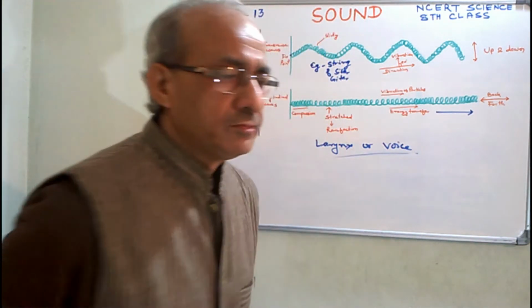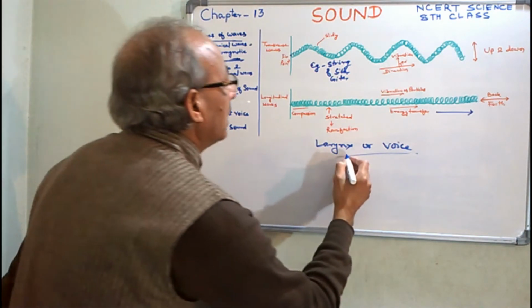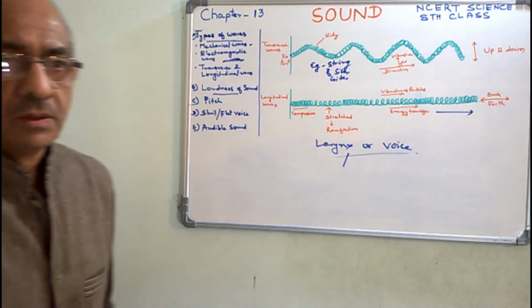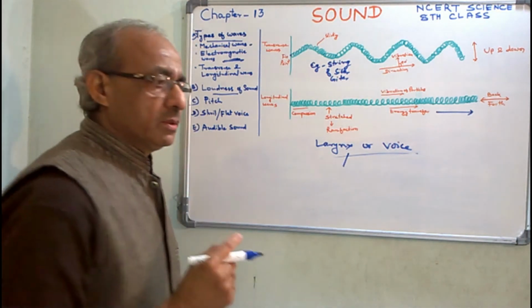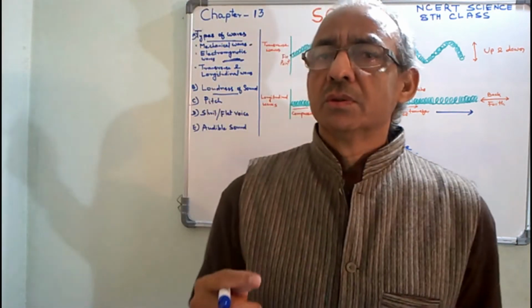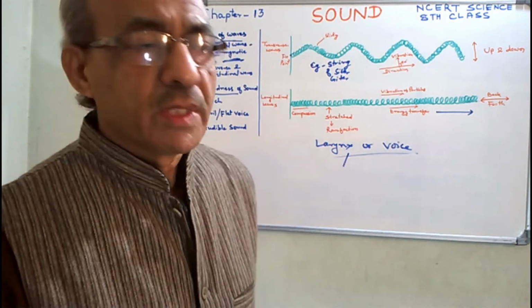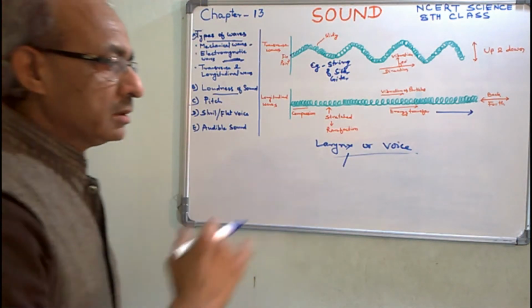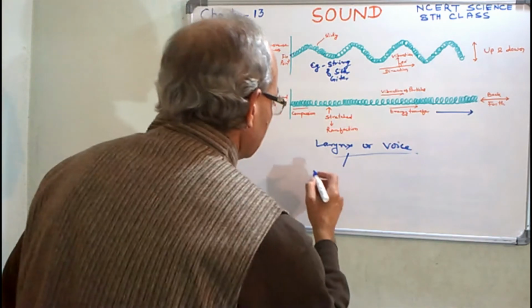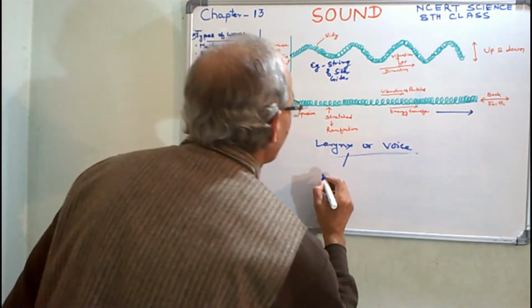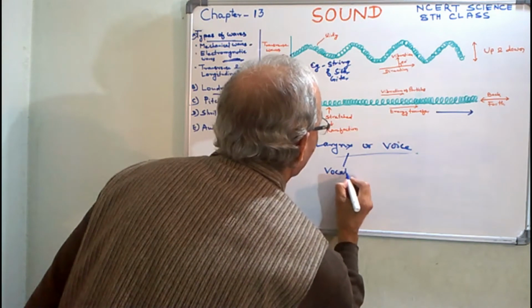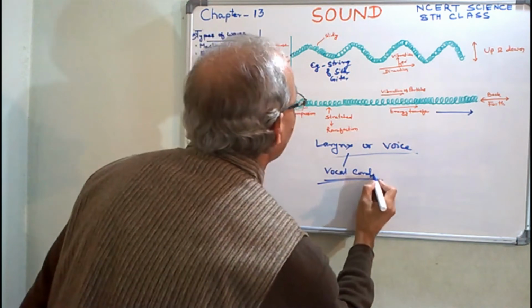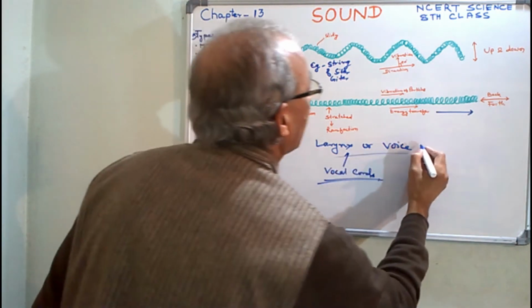So larynx has a certain part which vibrates to produce voice after getting the instruction from the mind or brain through the nerves. That part is called the vocal cord. Vocal cords are found in larynx or voice box.